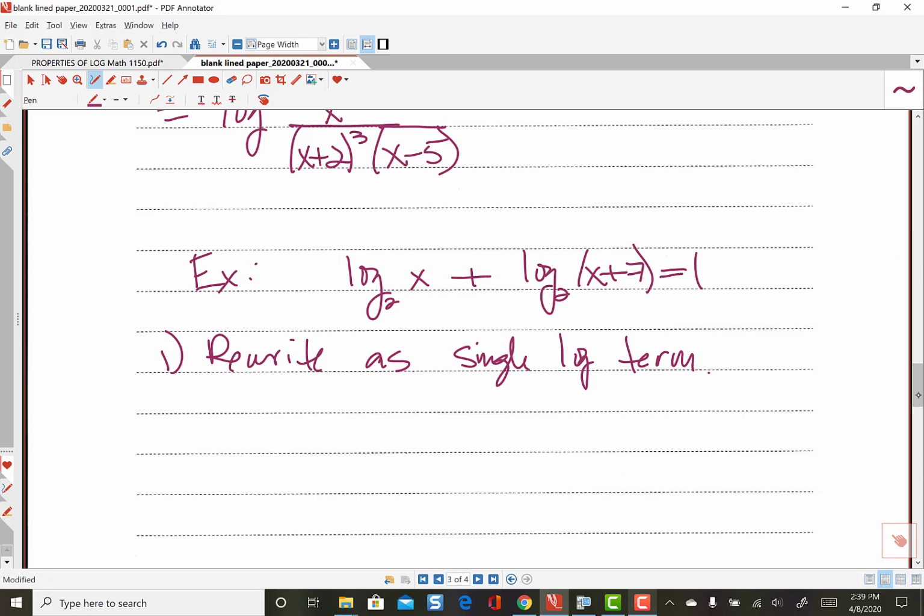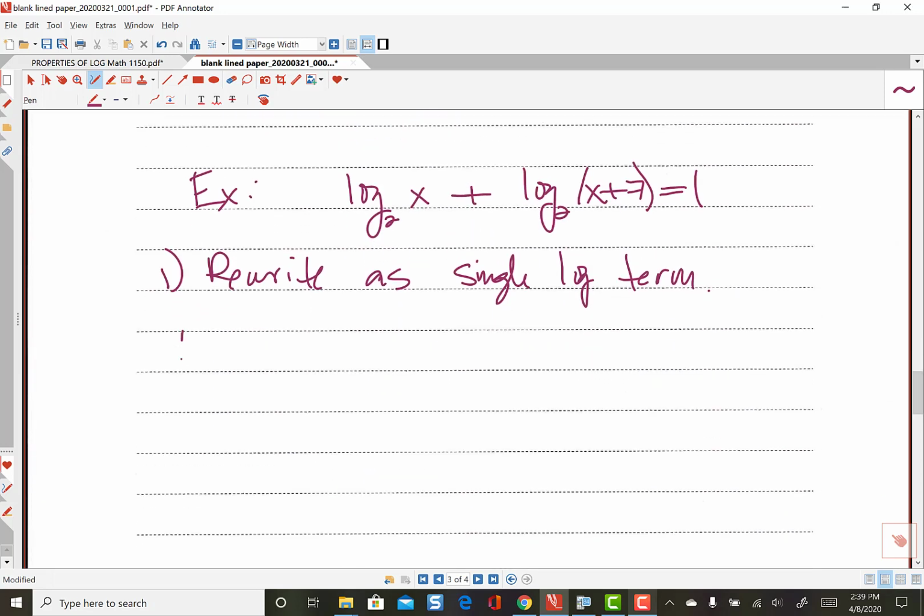So if we were to do that, we're adding logs. So I'd have the log base 2 of x times x plus 7 is equal to, and let me fix something really quick here. These are not the easiest to make up off the top of my head. Do me a big favor and make this number over here a 3. Okay, much better. I realized my mistake. Good thing I did. So now the number I want on the right side there is a 3.